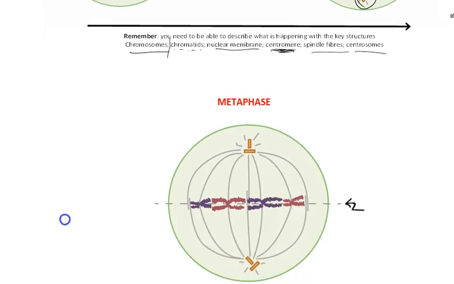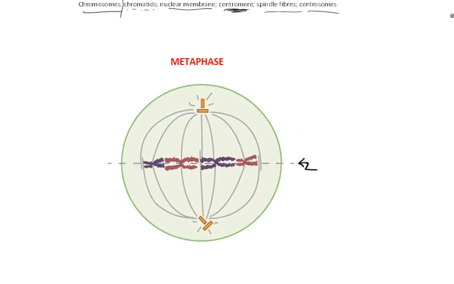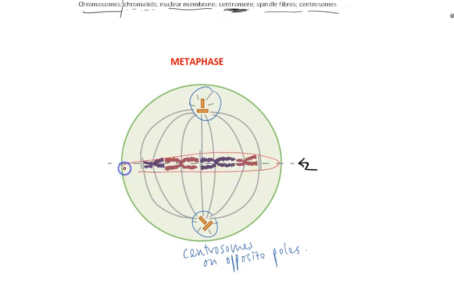So PMAT, second letter is M for metaphase. What happens during metaphase? Let's just label some key things here. First, we have our centrosomes. They're still on opposite poles. But what is really key are these chromosomes and how they're lined up.